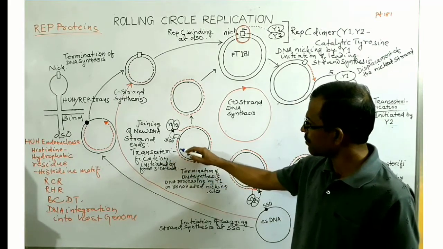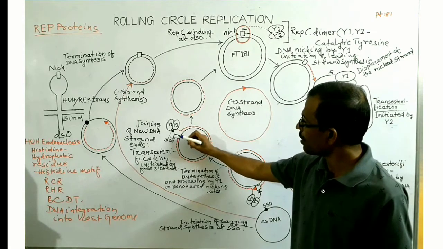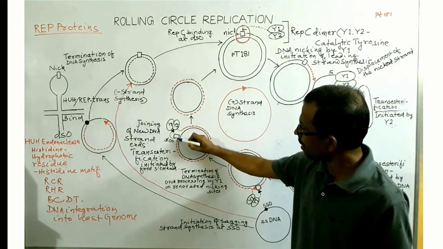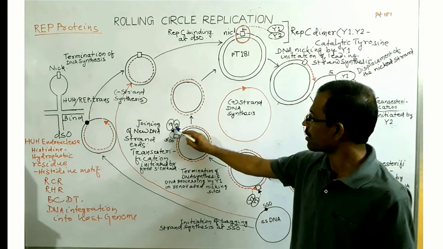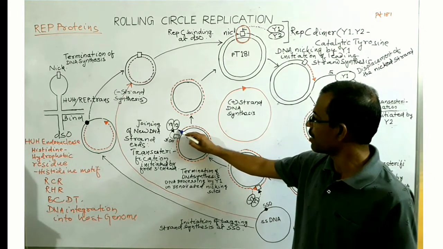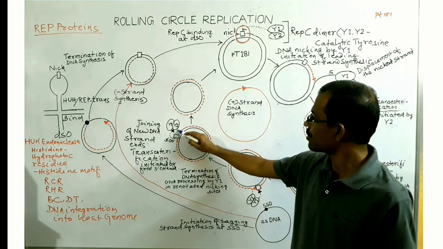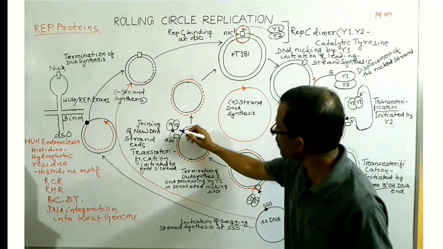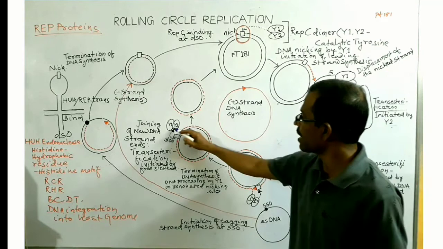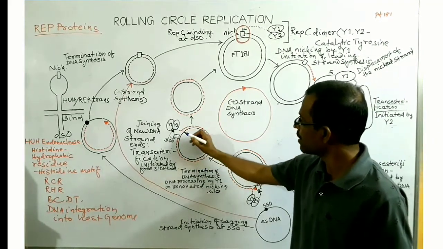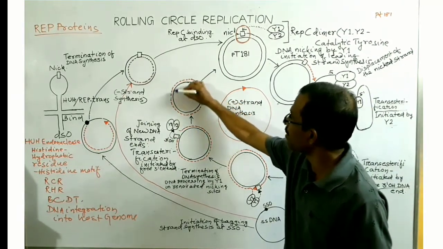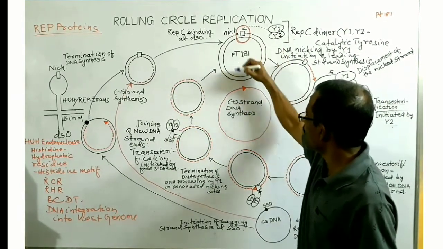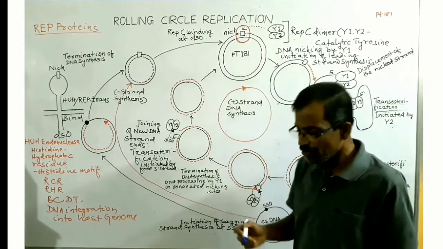In this transesterification reaction, the nucleophilic attack is initiated by the free 3' end on the phosphotyrosine bond that is present between Y2 catalytic tyrosine residue and this DNA. So this phosphotyrosine bond is broken and this Rep-C dimer becomes free and the two ends are joined to form a circular DNA strand. So a new molecule of PT181 is formed.